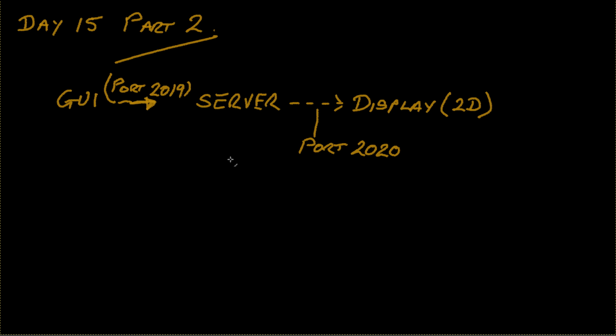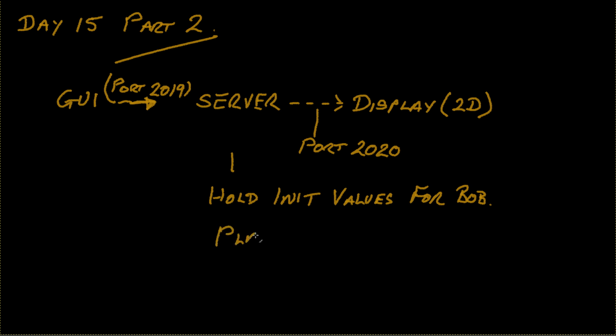So our server is going to hold initial values for Bob and place Bob, if everything's working, place Bob at bottom right of screen.